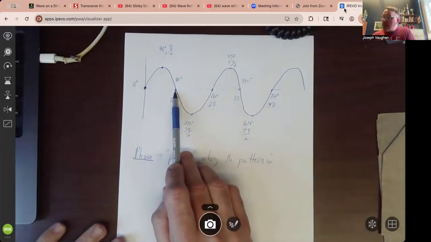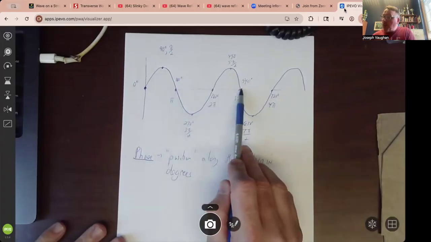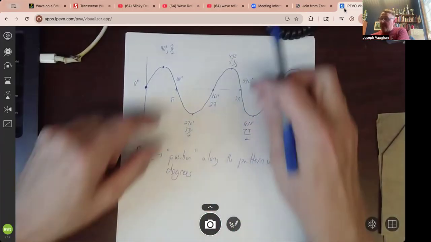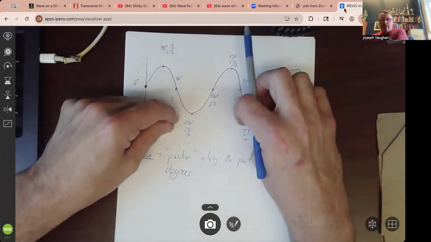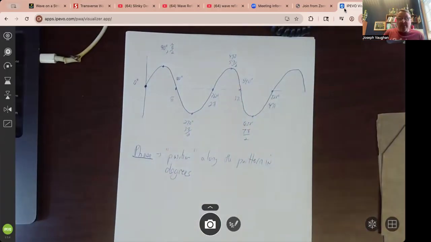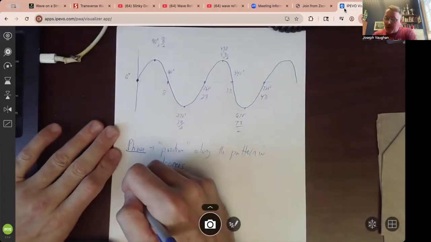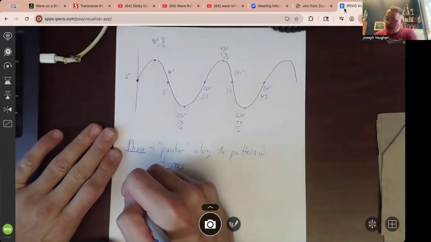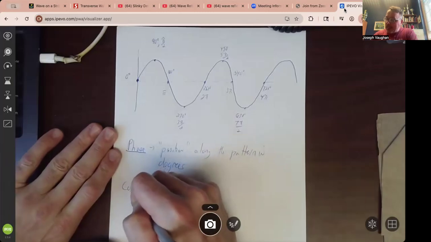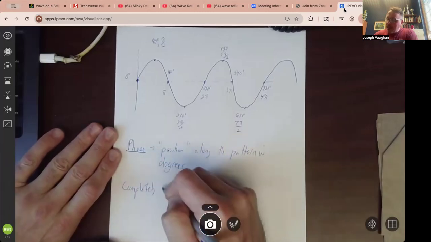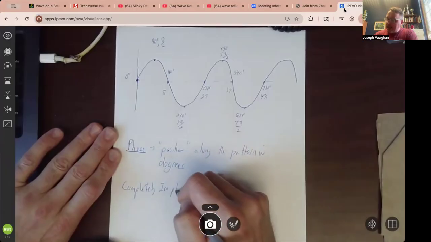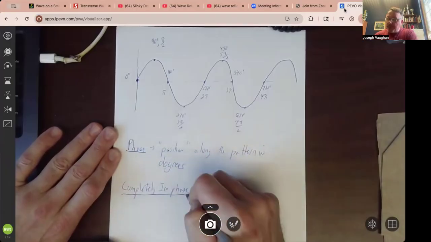If I look at it, these 2 points here, they're both going to become the crests. They would both move up and then down and up and down. Those 2 points would vibrate in exactly the same way, at exactly the same time at all points. And so we're going to say that those 2 points are completely in phase with each other. Okay.